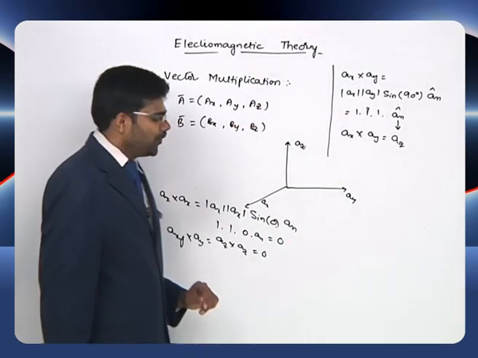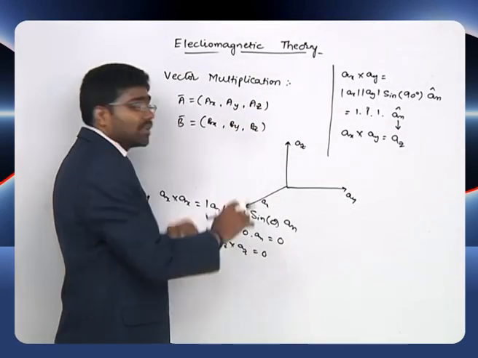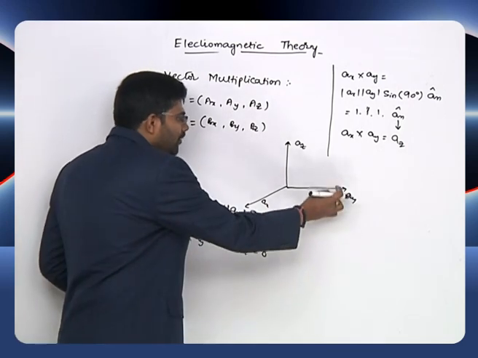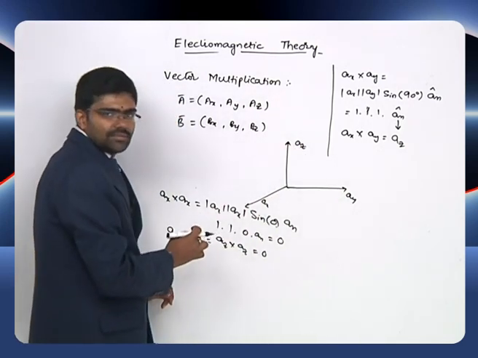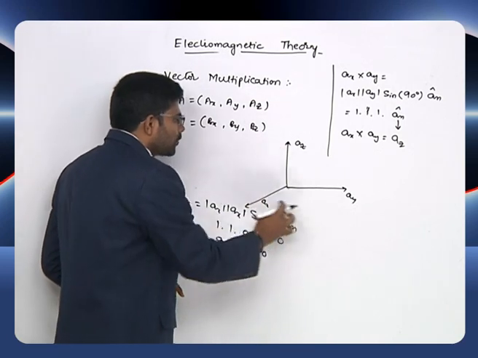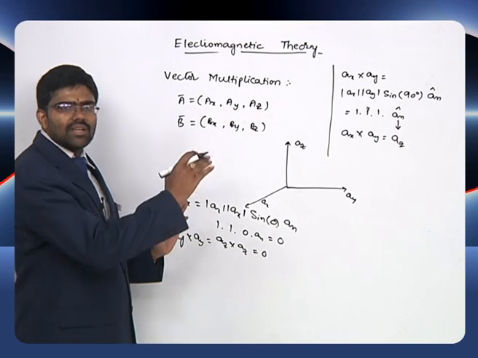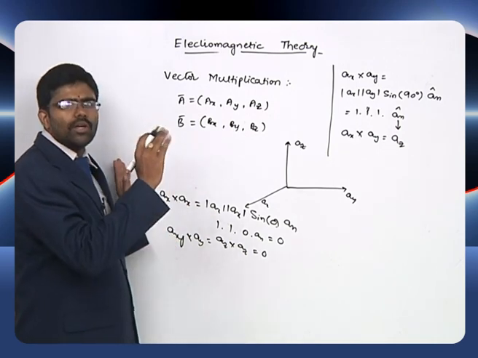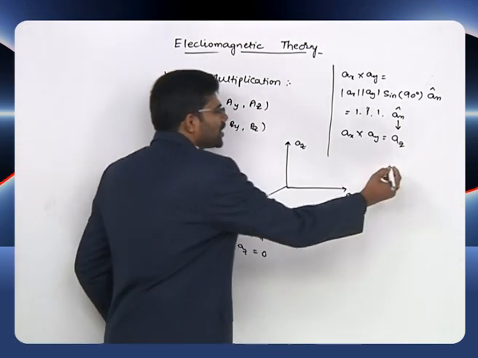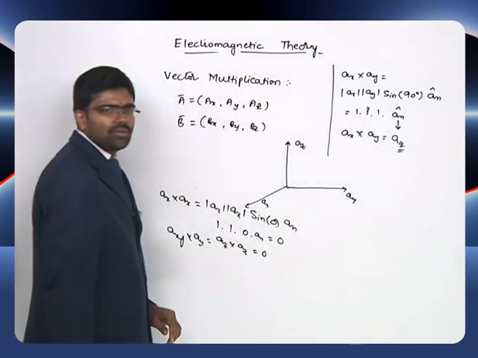In the same way, if you consider the remaining combinations, we get Ay cross Az is equal to Ax, and Az cross Ax is equal to Ay. If we consider all the combinations in the respective order, that is from x to y, y to z, then we get the third vector which is perpendicular to both.